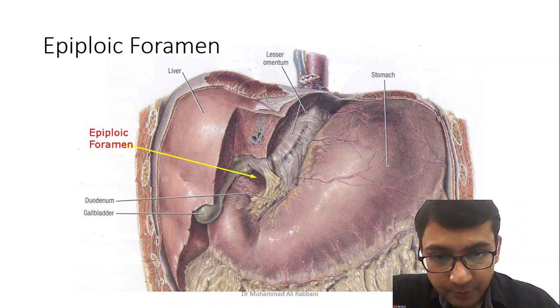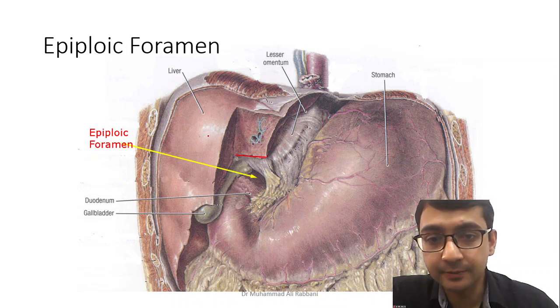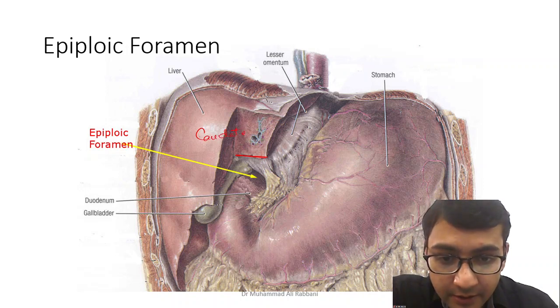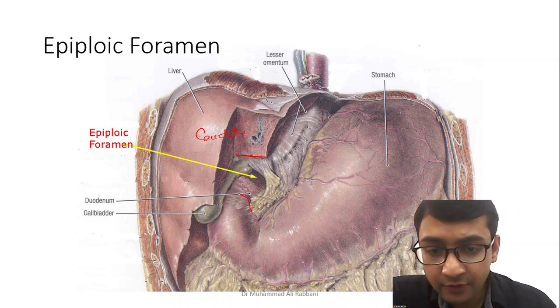The superior wall is made up of the caudate lobe of the liver, caudate with a C. The inferior aspect is made up of the first half of the first part of the duodenum.